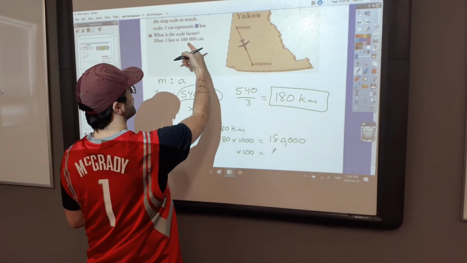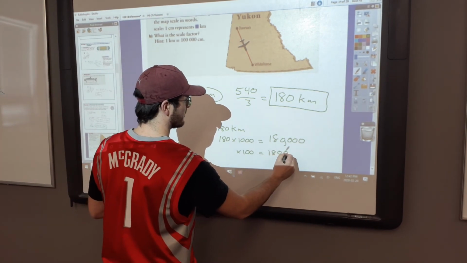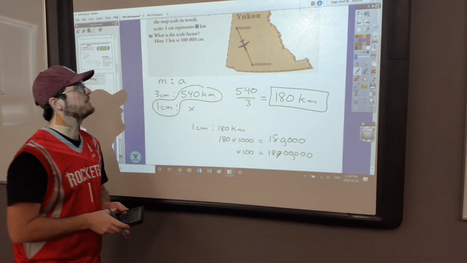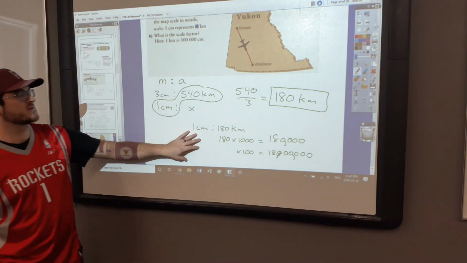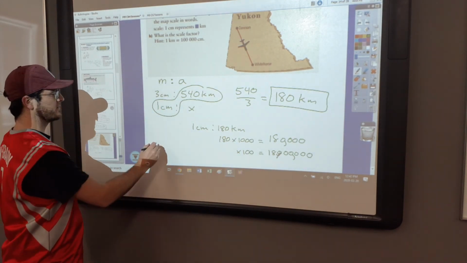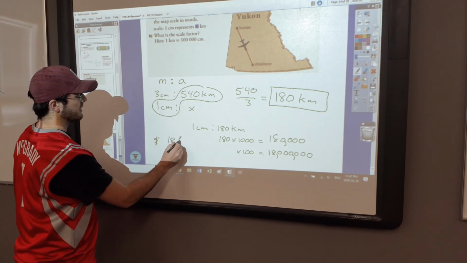You could do it all in one shot if you just use that as well. So basically we just need to add a couple zeros. Okay, so what that means is basically 1 centimeter on the map equals 18 million centimeters in real life. So you could just write the scale factor as 18 million.